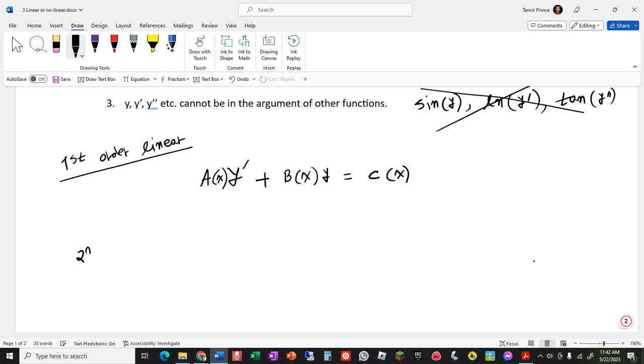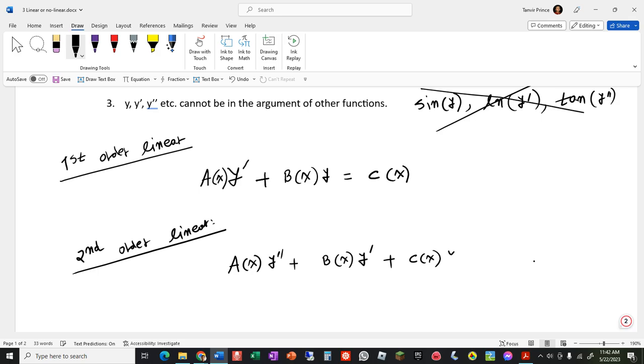Very similarly, second order linear, after you combine all the like terms if necessary, is going to be some function of x, I call it a of x, times y double prime, plus some function of x times y prime, plus some function of x times y, equal to some function of x.